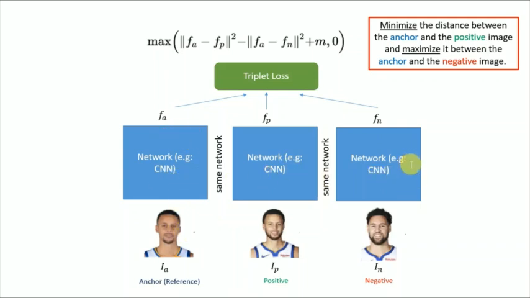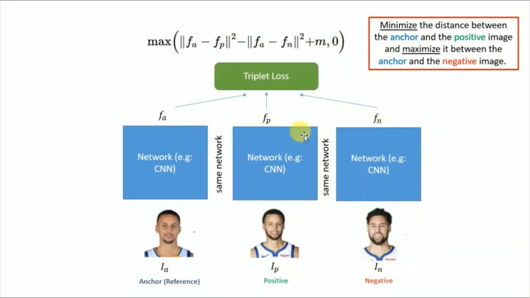One thing to notice is that these networks all share the same weights. Basically they're the exact same network; these 3 are the same network, we're just feeding them different images. After we run each image through the network, we have a feature vector. The feature vector for the reference image is FA, for the positive image is FP, and for the negative image is FN.